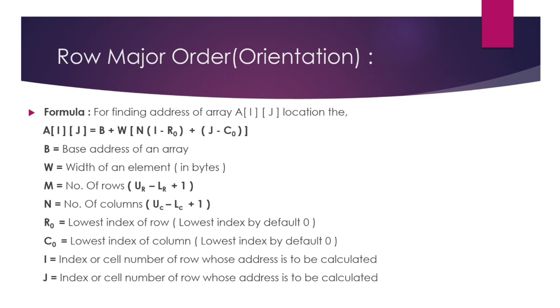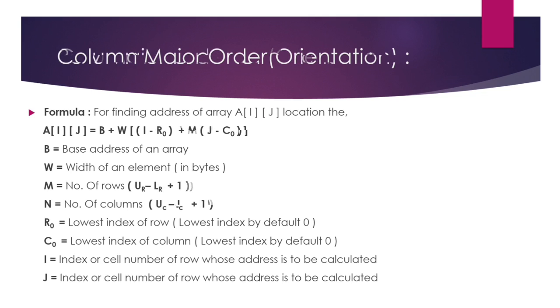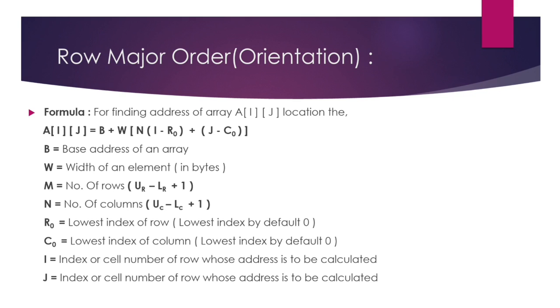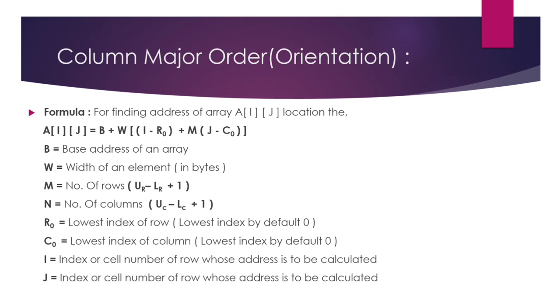M is the number of rows, placed with column, and N is the number of columns, placed with the row. It is the basic difference between both formulas. Otherwise, totally the same. See the formula? Everything is the same except M and N.